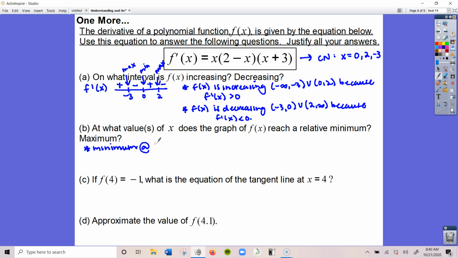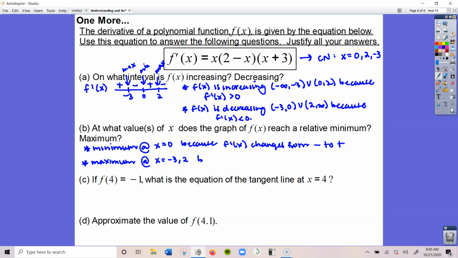So we have a minimum at x is equal to 0 because f prime of x changes from negative to positive. Then we would have a maximum at x is equal to negative 3 and 2 because f prime of x changes from positive to negative.